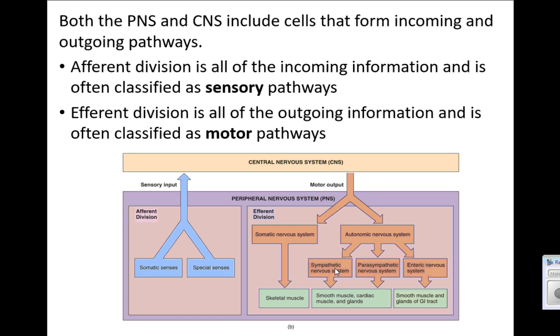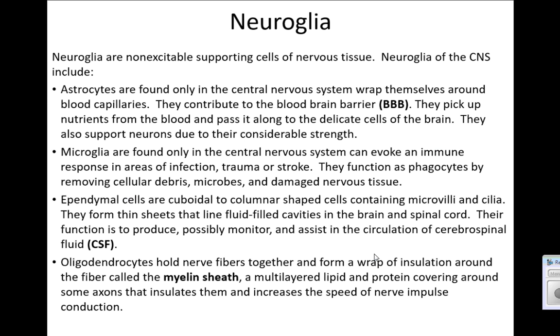It involves sympathetic, parasympathetic that control our smooth muscle, our cardiac muscle, and our glands. The enteric, which controls our GI tract. Okay. Notice the direction of the arrows: blue going towards the CNS, red going away from. So, not that you need to know this table or figure, whatever you want to call it, flow chart, but it's kind of neat to show how it's all put together.